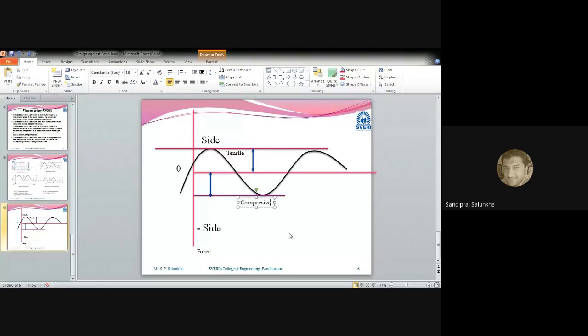So compressive and tensile having the same amount, that we are going to call a completely reversed stress or completely reversed type of load.